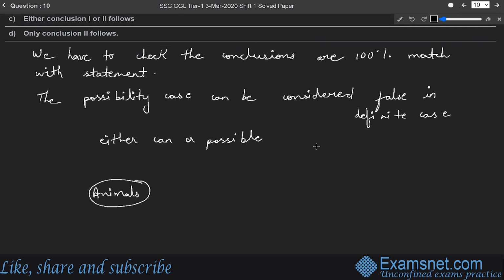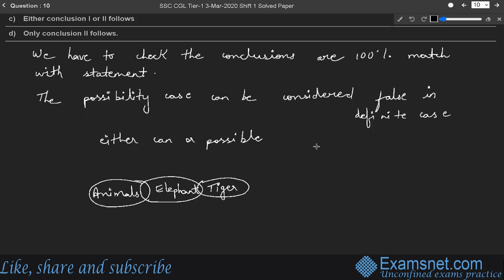If some animals are elephants, then let us take some portion from this and consider this as elephants. Okay. Second statement says some elephants are tigers. So we'll take some part from elephants and then we'll draw another, that is tigers. So this is the basic Venn diagram according to the given conditions.